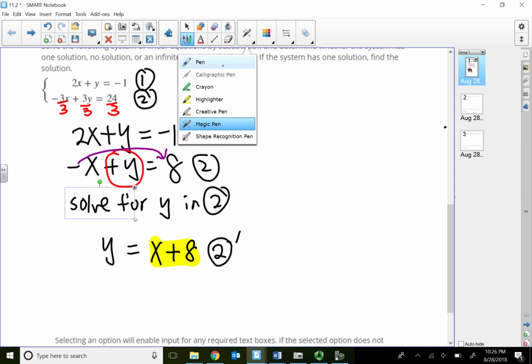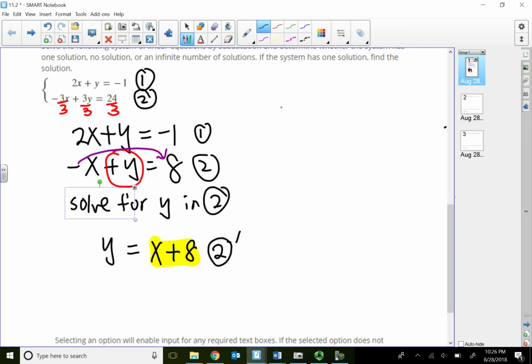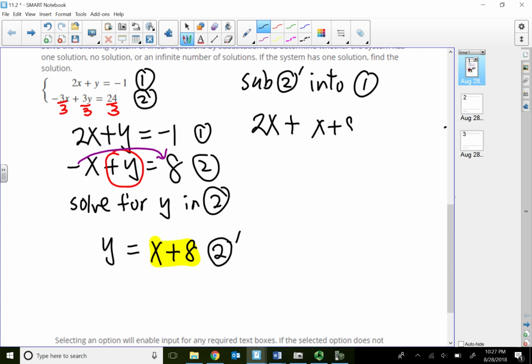So when I substitute back into the first equation, I'm going to write it down: sub 2 prime into the first equation. So my first equation normally says 2x plus y. Now the plus y, I'm replacing the variable y with these two terms, x plus 8, so I will put them in parentheses.